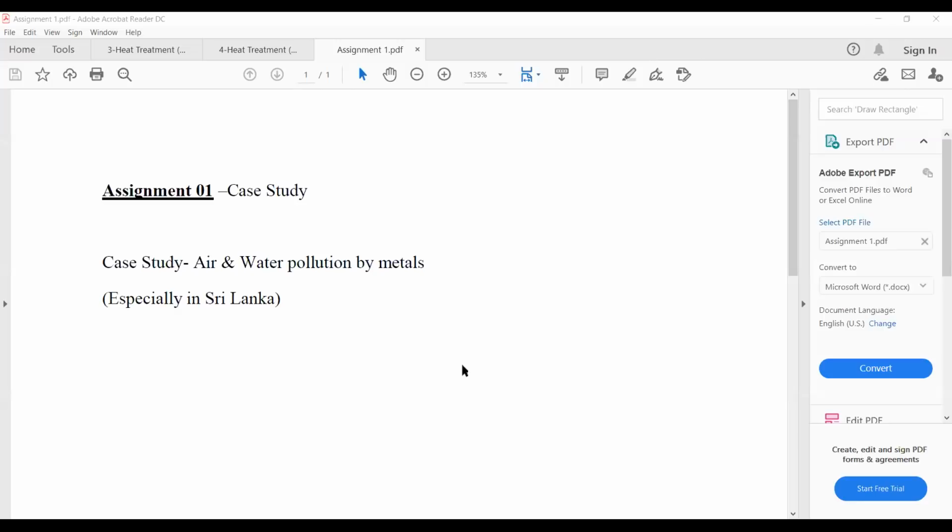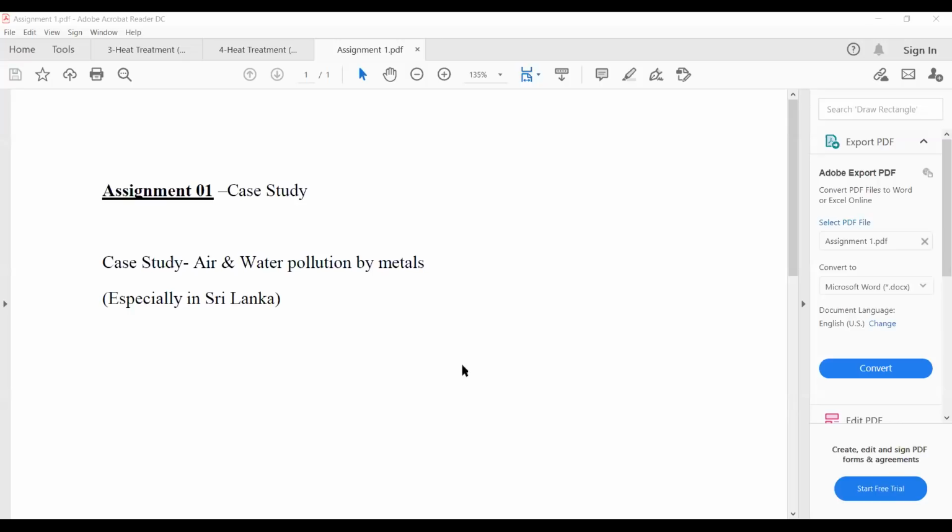And the other thing, you have to consider pollution by metals. How can these metals cause air pollution and water pollution, especially in Sri Lanka? In the Sri Lankan situation, the Sri Lankan environment, how do these metals pollute the air and the water?